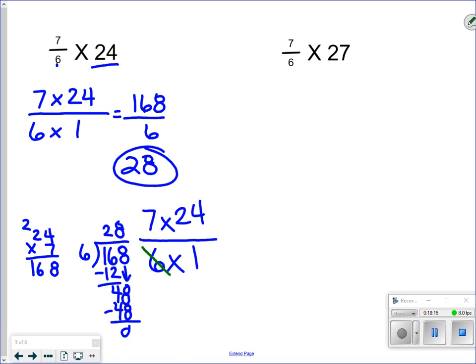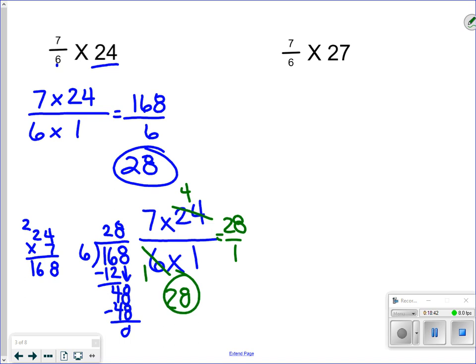So 6 goes into 6 once. 6 goes into 24 4 times. So now you just have 7 times 4, 28 over 1, so you just get 28. So it made it easier if you were able to do it this way. It's not wrong to do it this way, it's just easier.